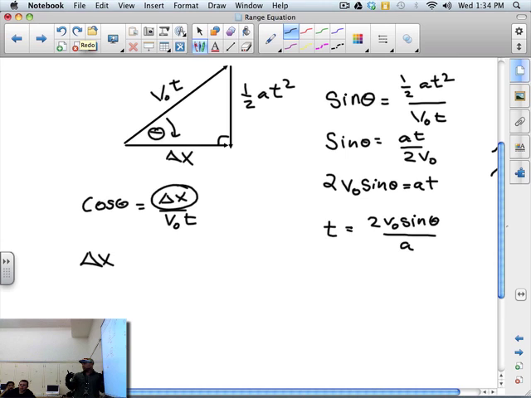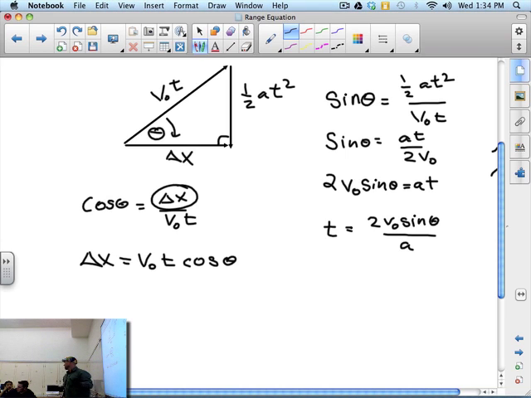You guys good? So let's see what we got here. v naught t cosine theta. Is that right? Everybody's good here? And I'm just talking magnitudes. I don't have vectors over these because my vectors are already drawn, so I don't have arrows over all my symbols anymore. These are just magnitudes now.